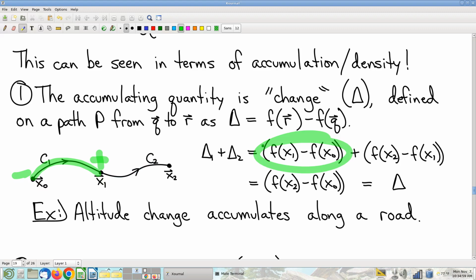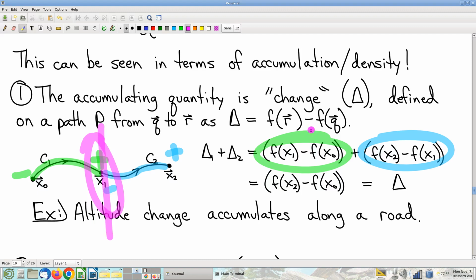There's the change on the green piece of curve. Now on this blue piece of curve, positive at the end point of that piece of curve, negative at the starting point. That gives us that. And then notice the value of f at x1 appears twice, but with opposite signs, and so it cancels. You can see that right there in the algebra: the f of x1s just cancel. Everybody with me?